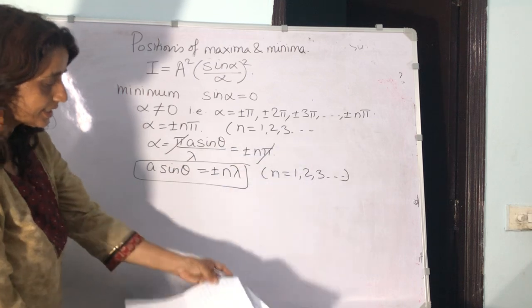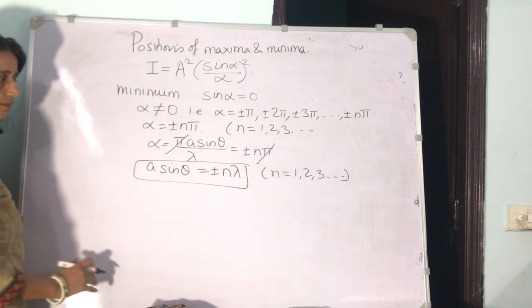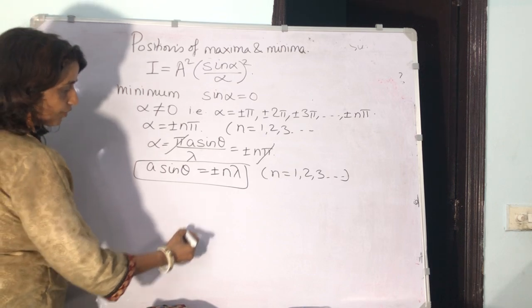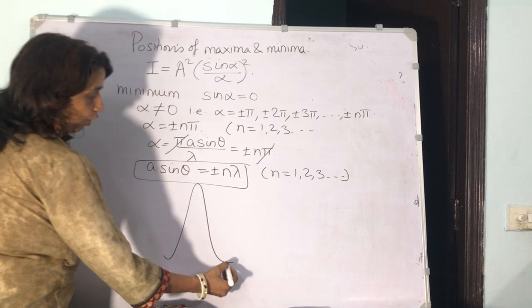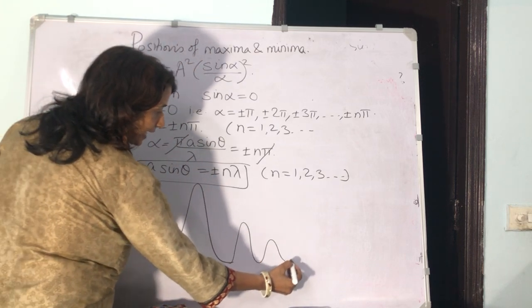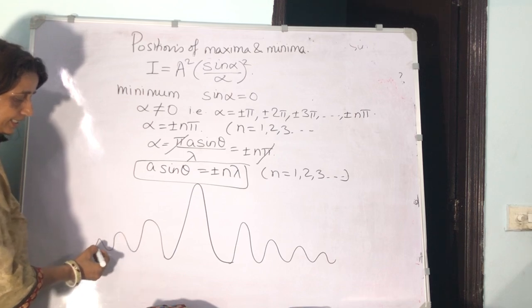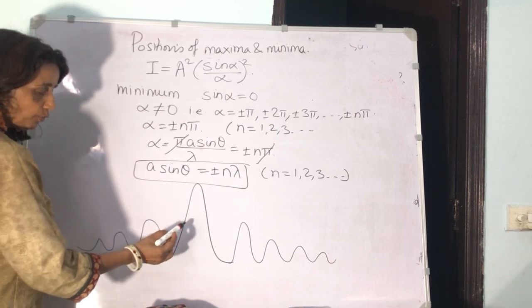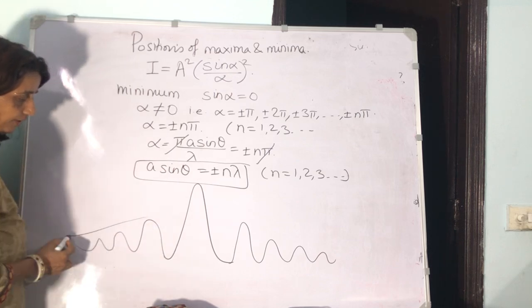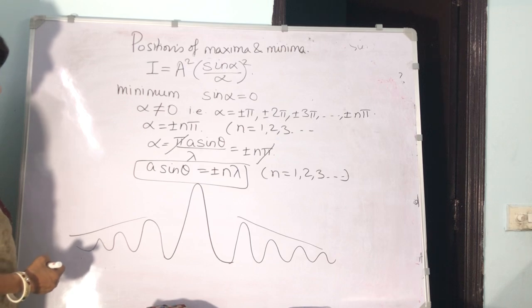Now the secondary maxima, because the diffraction pattern consists of a central maxima, n equal to 0, followed by secondary maxima and minima of decreasing intensity on either side. So now we are going to find out at what points these secondary maxima occur.